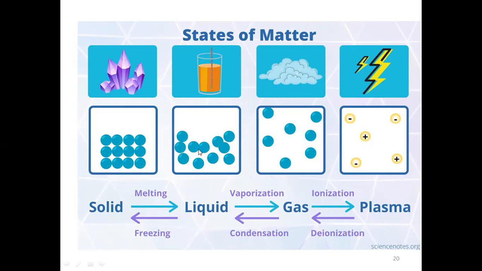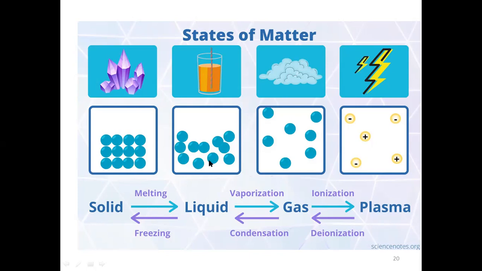And if you provide further heat to the liquid, look at this position. These two atoms or molecules are now further away from each other. That means now the forces between these two molecules, and I am talking about the forces of attraction, how one molecule or atom is going to attract the other, become again weaker as compared to the liquid, and the liquid is weaker as compared to the solid.